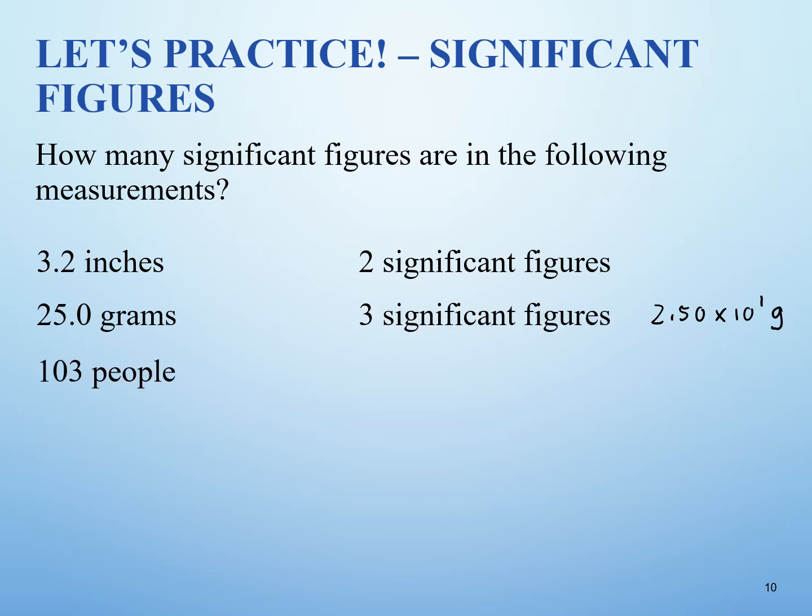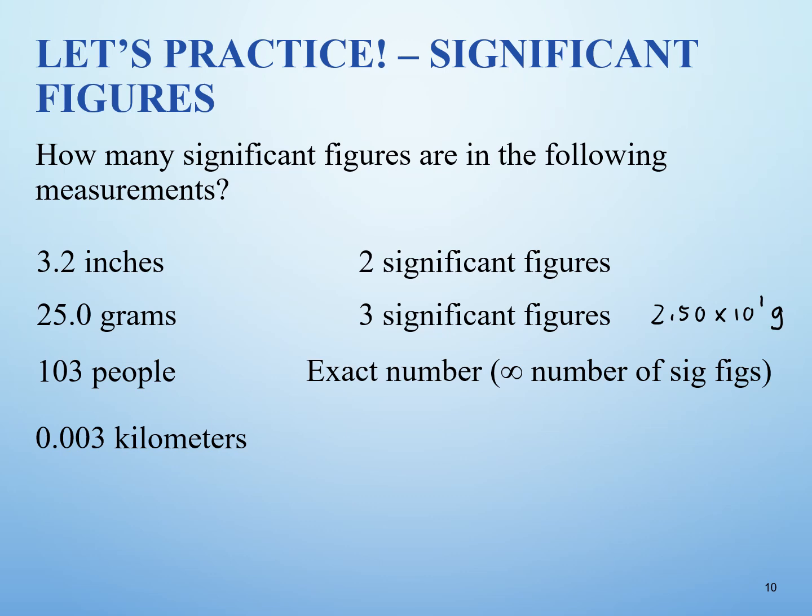All right, 103 people. So it's exactly 103 people. Can you say 103.1, 103.2? Not really, right? Because it's people. You can't have fractions of a person. So that's why this one would have an unlimited number of sig figs, because it's an exact number, 103.0000 infinity.